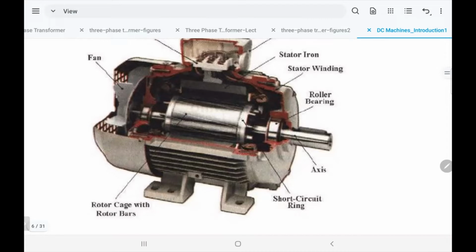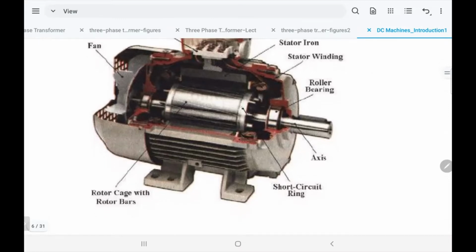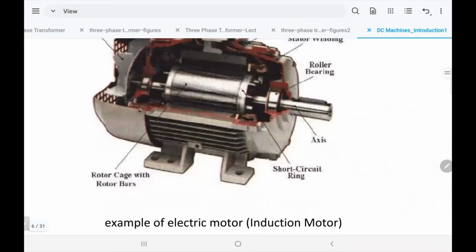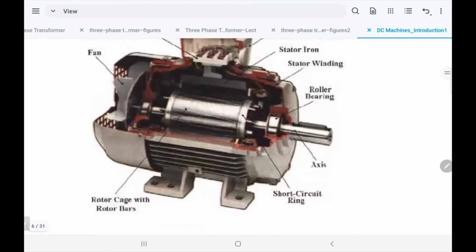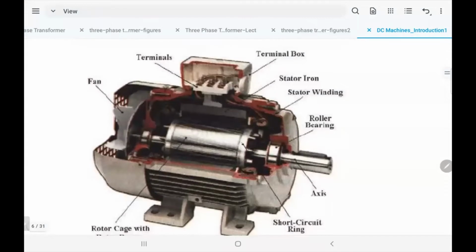And if it just carries the current, like in the rotor, we call it armature winding. The armature winding does not produce the magnetic field. The field winding produces the magnetic field. And there are other small parts, bearings, mechanical things, but I'm focusing on the main two things, rotor and stator.